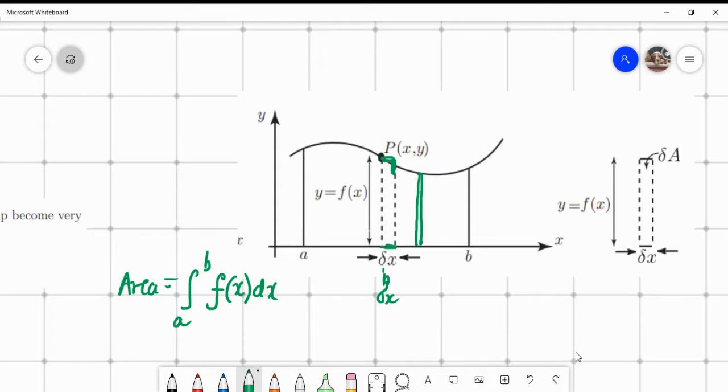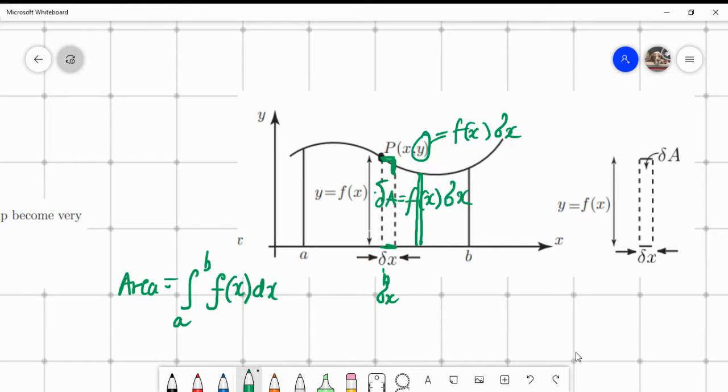Because you will have lots of these strips, imagine that this rectangle has a height equal to the y coordinate, which is your f of x, and a width of delta x. Therefore the individual area, let's call it delta area, is f of x multiplied by delta x.